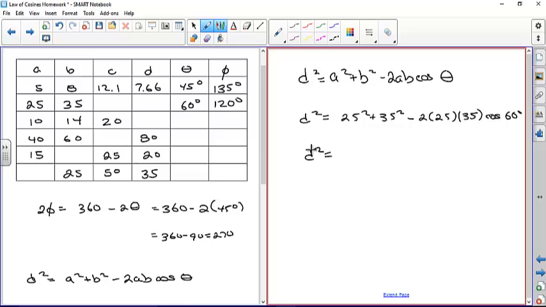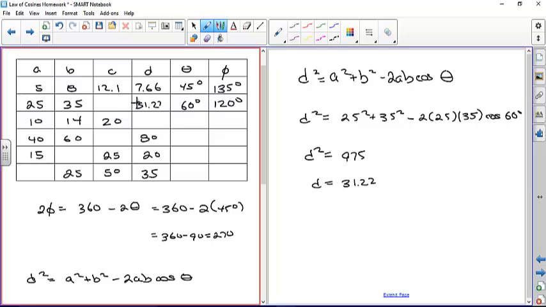And I get 975. Take the square root of that. You get 31.22. Okay.